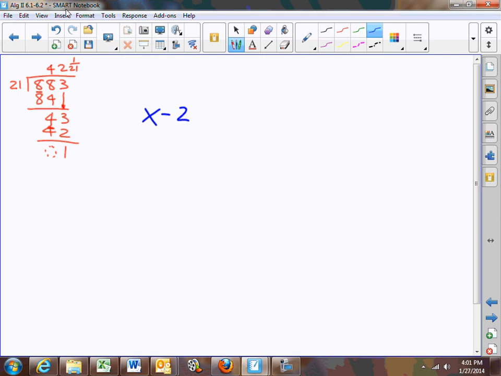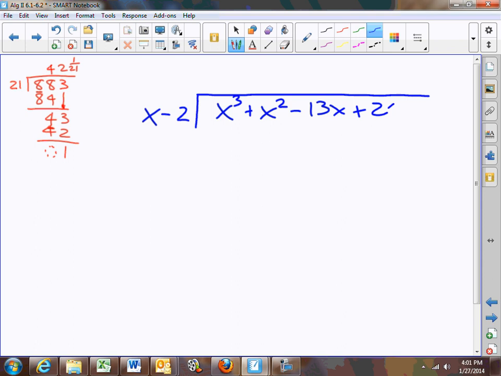Now, what we want to do is divide x minus 2 into the polynomial x cubed plus x squared minus 13x plus 20. Now, looking at the framework that we have, we're going to do pretty much the same thing.